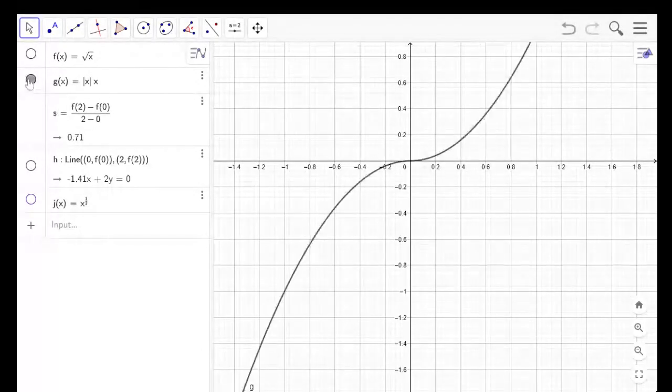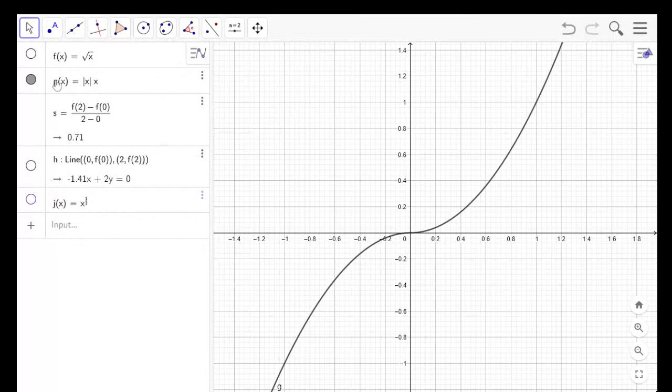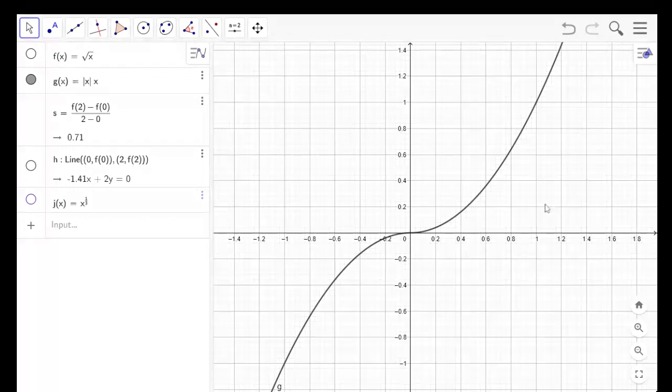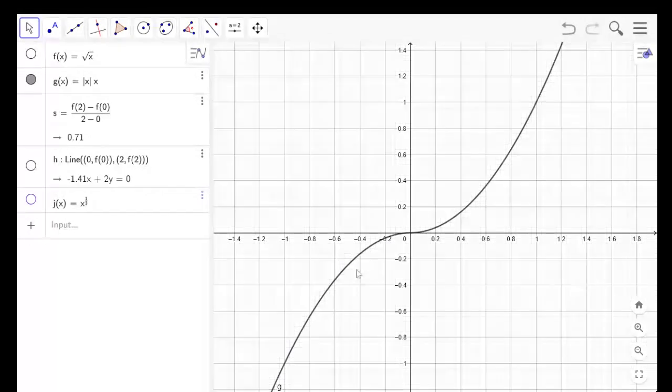I've just plugged in this function. I've called it G here, instead of F, because I've already assigned F somewhere else. But you can see from that picture, it's basically two curves pasted together. This is the x squared curve on the right-hand side of x equals 0, and this is negative x squared. So you've cut them and pasted them together.